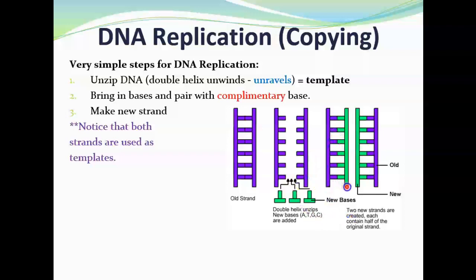So the new ones are going to be called complementary base pairs. And then since both of these strands, the original purple strands in this case, exist once you've gotten replication completed, they call this semi-conservative. You are half keeping the old strand, the original strand. So keeping that in mind, that's a term I'm going to review with you.